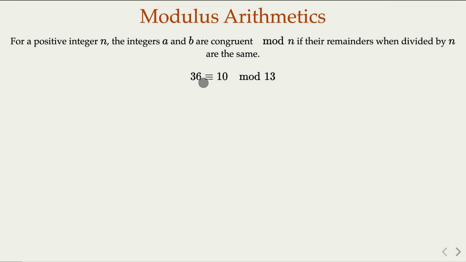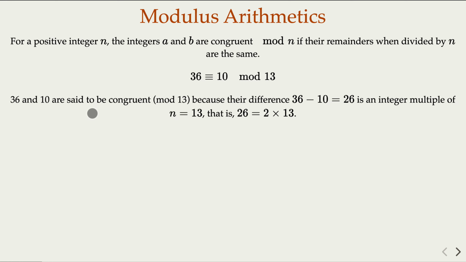In other words, when two numbers are congruent, the remainder is the same, or the difference is a multiple of that number, right? So here, the congruence, and then the difference would be 26, which is twice 13, an integer multiple of 13. So that's good to know, right?